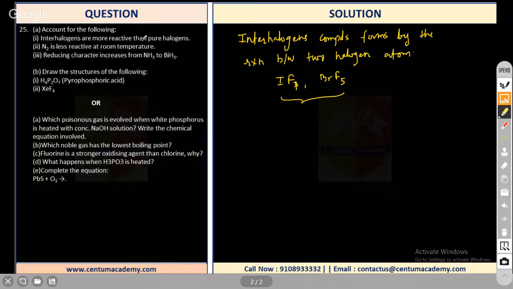As we go down the group, bond dissociation enthalpy between the central atom and hydrogen decreases.